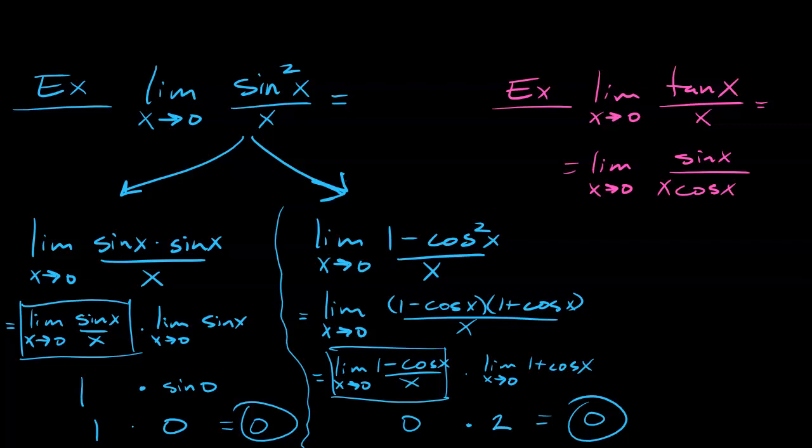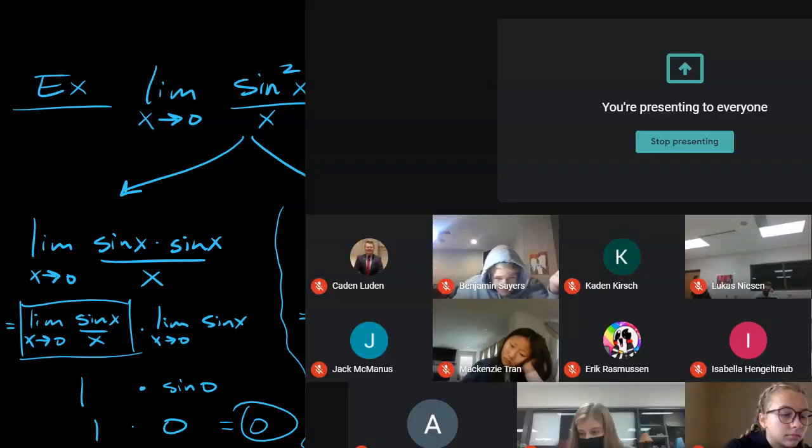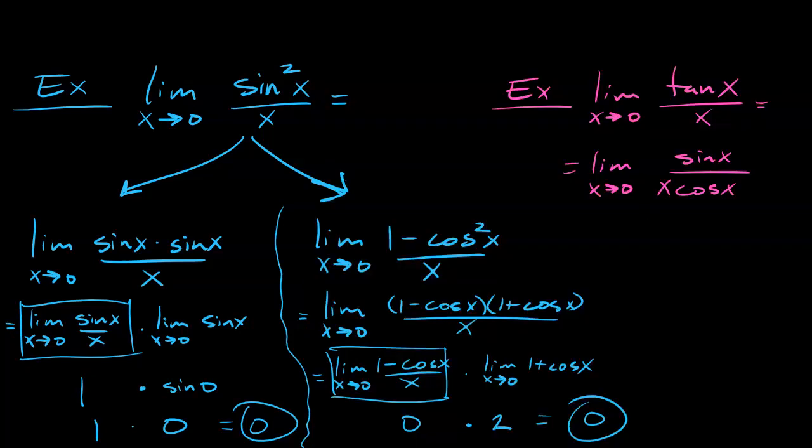Who asked that one? Carson. I suppose I can click over. Yeah, Carson. What did you mean? The property on the left. Like, I did 1 times sine of 0 as well.